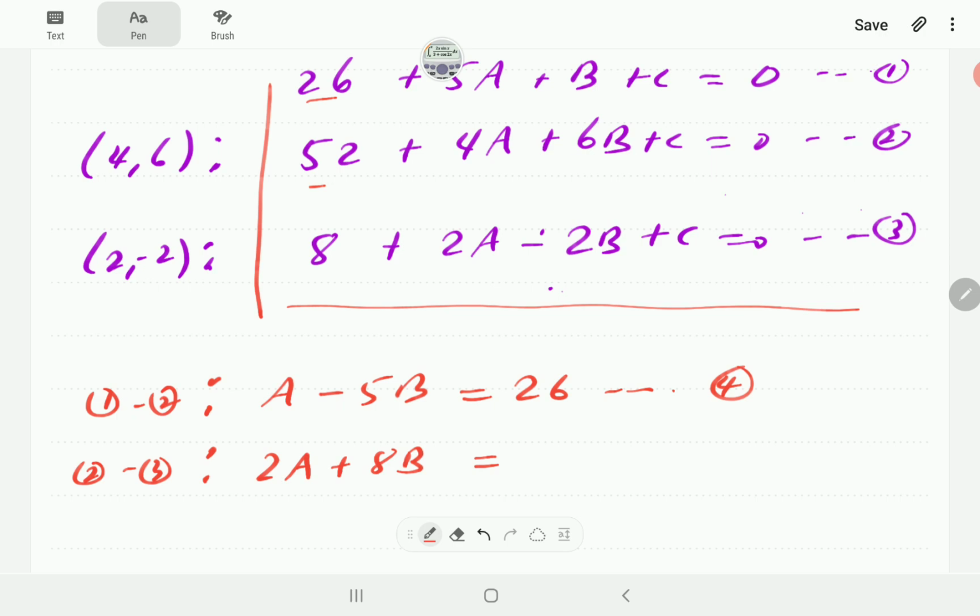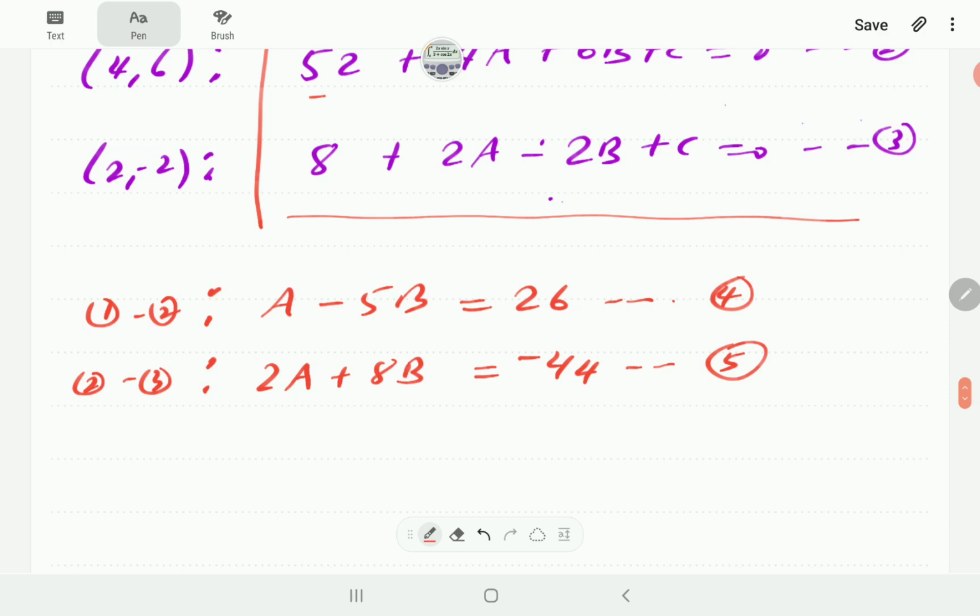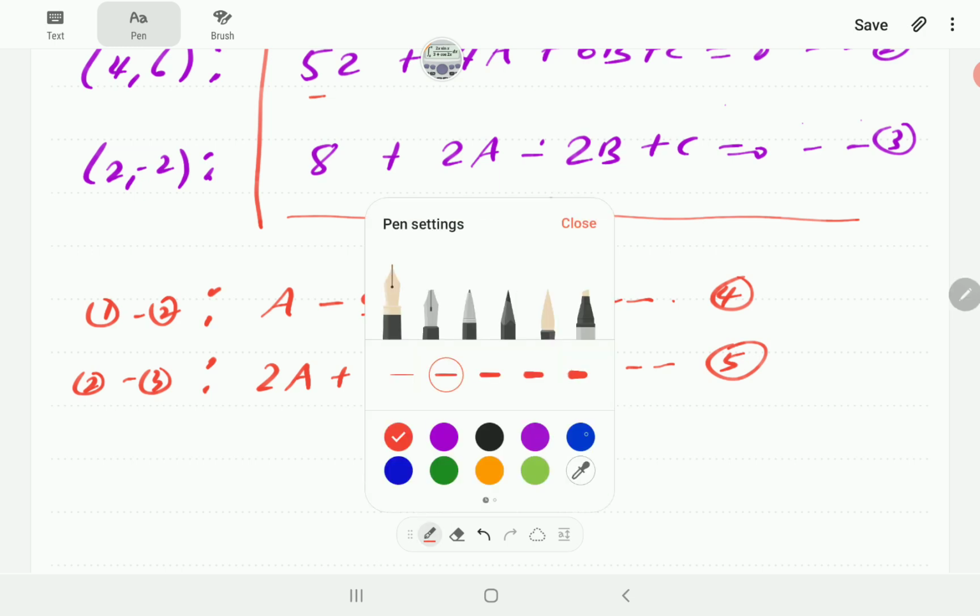52 minus 8 is going to be 44. If we take it to the right hand side, it's going to be negative 44. Now I've got two equations, two unknowns. If we multiply 4 by 2, then subtract.